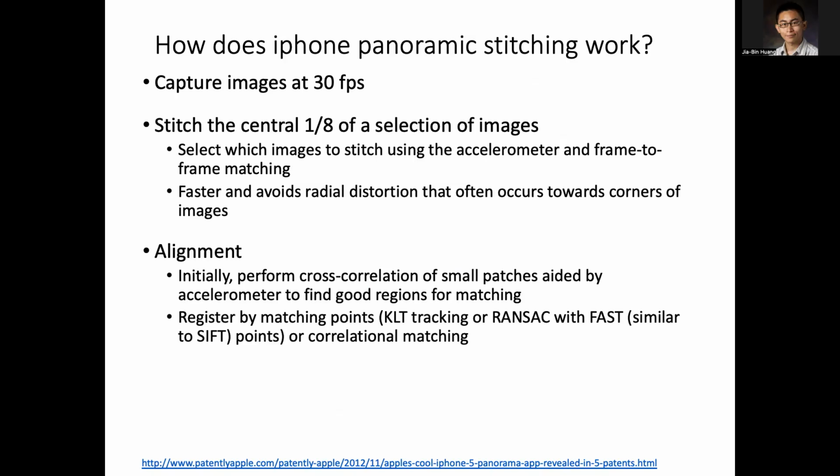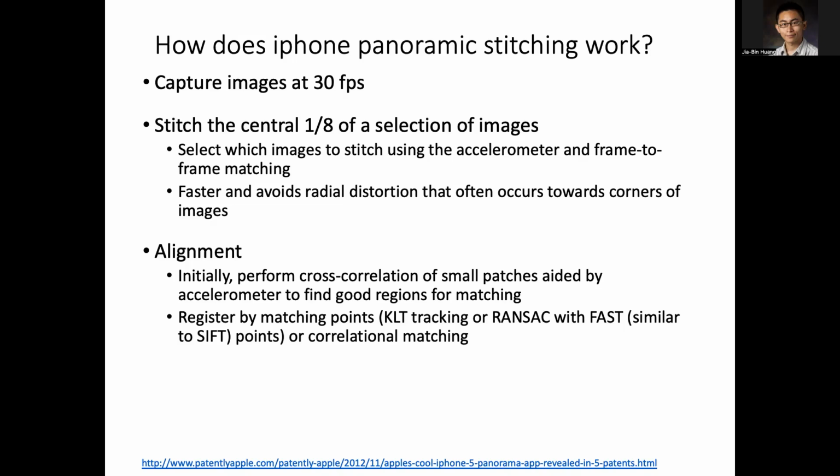Then they will have alignment. The alignment is also very interesting because you don't really need to use SIFT features to align from one image to another, since the images move very slowly. Their cell phone has the accelerometer, how do I spell this, accelerometer.